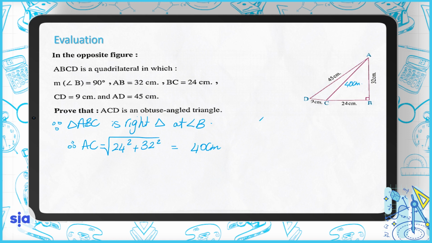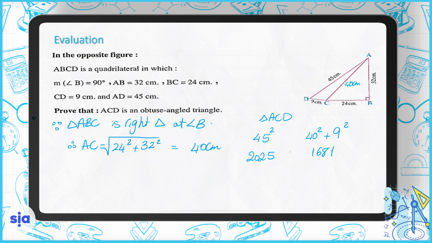Let's now move to triangle ACD. Which one is the longest side? It's 45. So we're going to check 45 squared, and we're going to check the other two, 40 squared plus 9 squared. 45 squared is 2025, where 40 squared plus 9 squared is 1681.